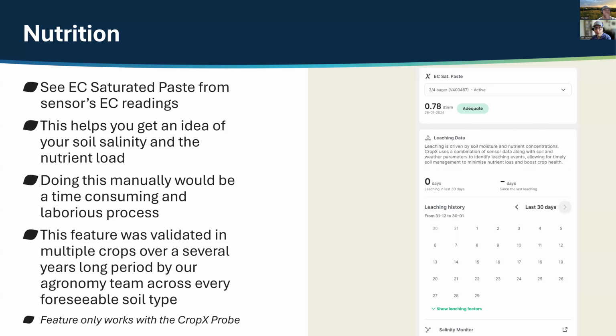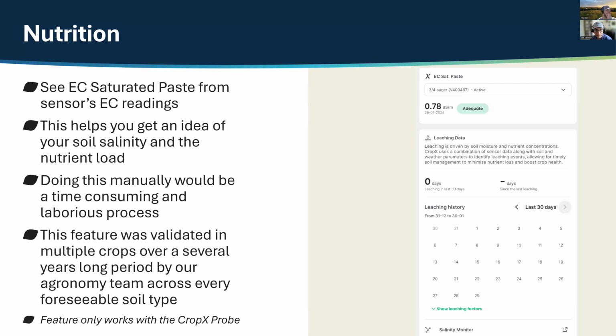The next feature I want to talk about is the nutrition feature. Again, we're looking at the EC saturated paste from the sensor's EC readings. We've always been tracking the EC readings, but now we're giving you some more insights and more information from that these last few years. This will give you an idea of your soil salinity and the nutrient load within that salinity of your profile.